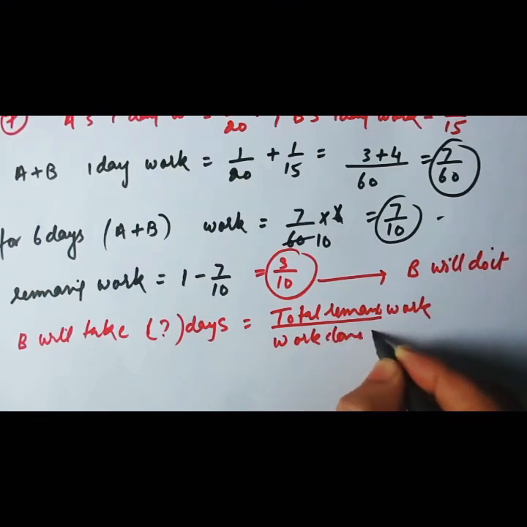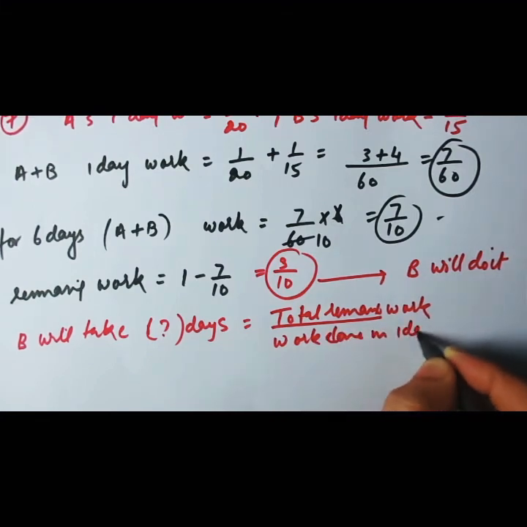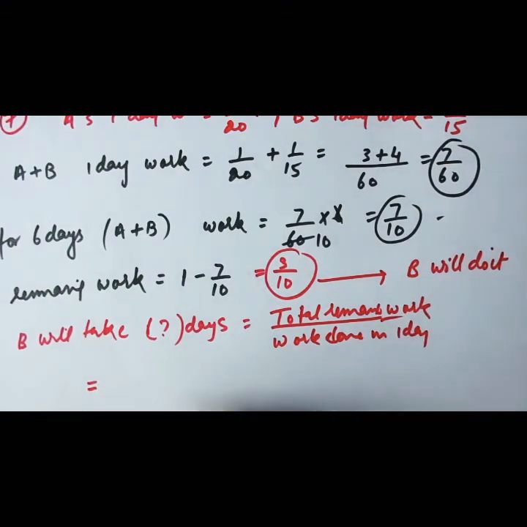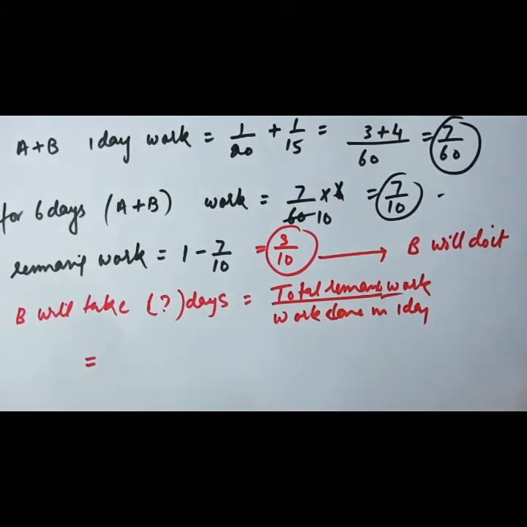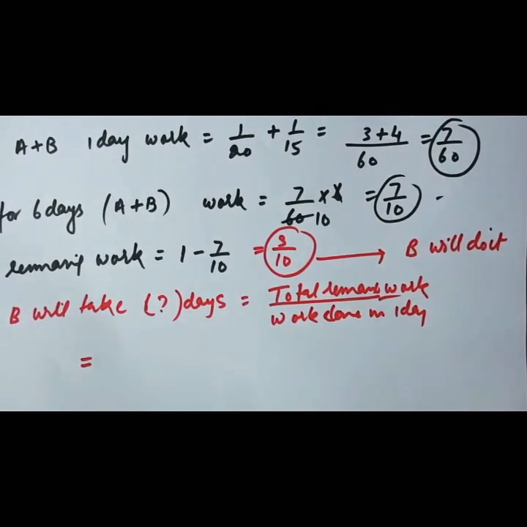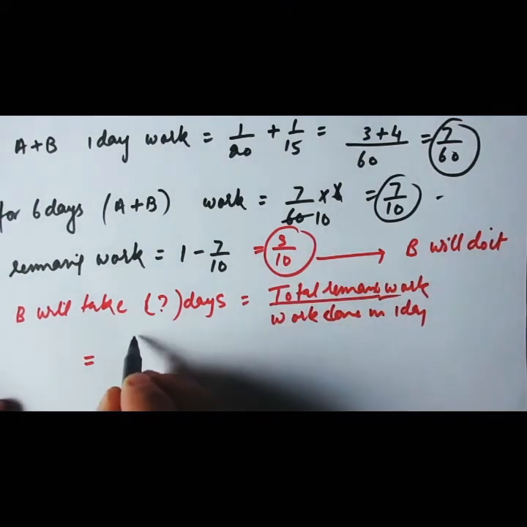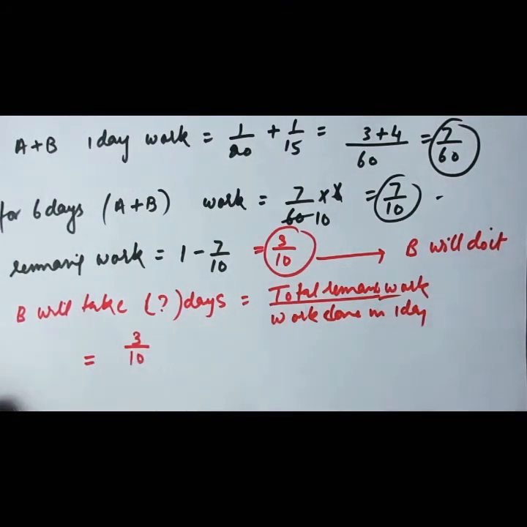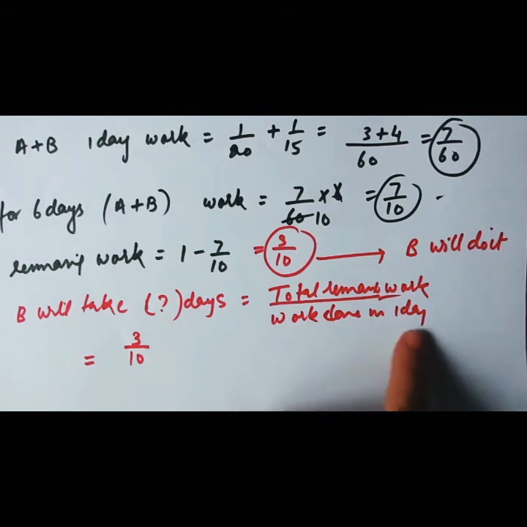That is fine, let us do it. Total remaining work is equal to how much? So total remaining work is equal to 3 by 10. And work done in 1 day by B.